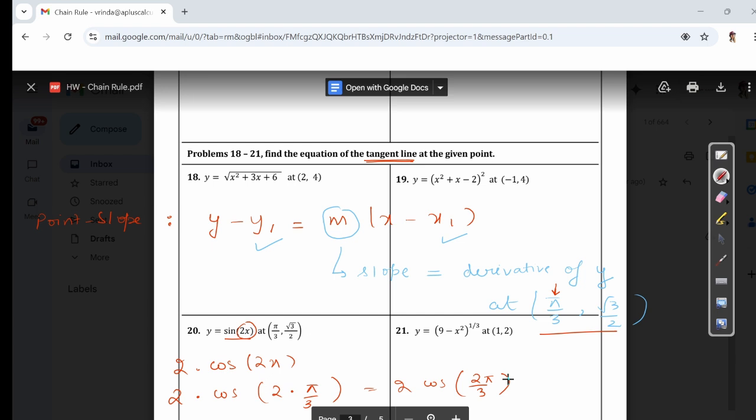Negative 1 half. Okay, so you simplify this, 2 times negative 1 half. So that's negative 1. So that's the value of m.